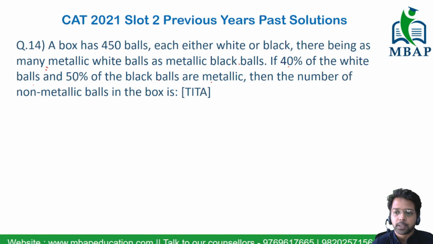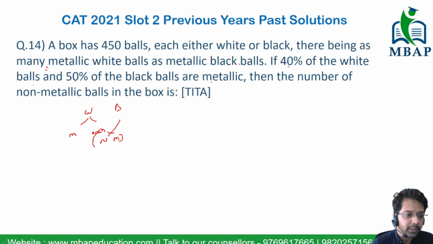So I repeat, the question says you've got a box, you've got some white balls, you've got some black balls, and each of them will have 2 categories, metallic and non-metallic. And the question is about finding the number of non-metallic balls. So what is the total count of balls which we have got?